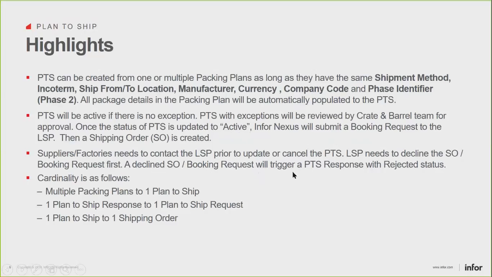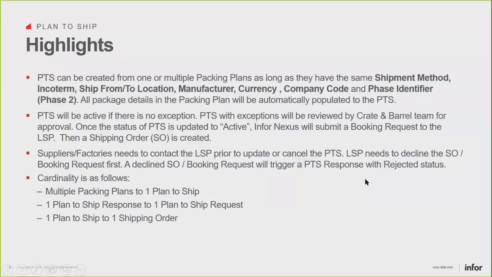Okay. For updating or canceling the plan to ship after submission, suppliers should contact ACS to decline the shipping order. Declining the shipping order will trigger a plan to ship response with the rejected status. Then the plan to ship will change to rejected.